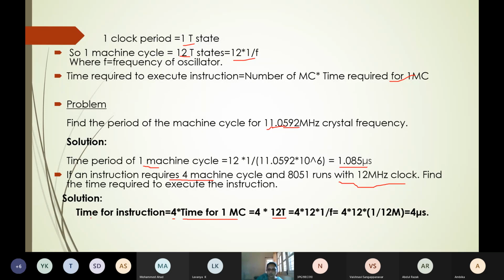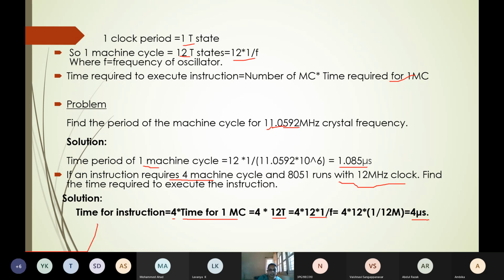So 4 into 12 into 1 by f, if we solve it, I get 4 microseconds. So the instruction takes 4 machine cycles, and the time required to execute the instruction is 4 microseconds.